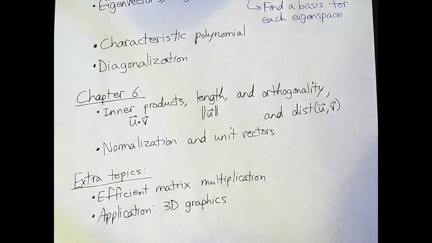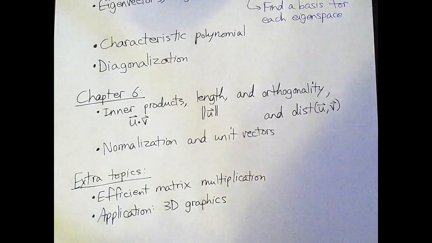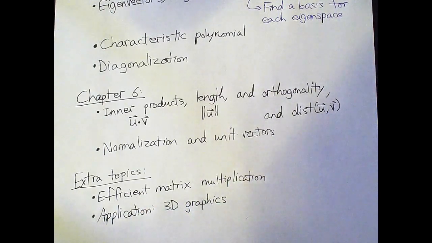So what I want to say about these two extra topics is these two things were not in the textbook. These are lessons that I came up with that I thought would be nice to include. I would like you to know the main concepts. I would like you to be able to describe what is efficient matrix multiplication all about? What is the application to 3D graphics all about? Why does it use 4x4 matrices instead of 3x3?